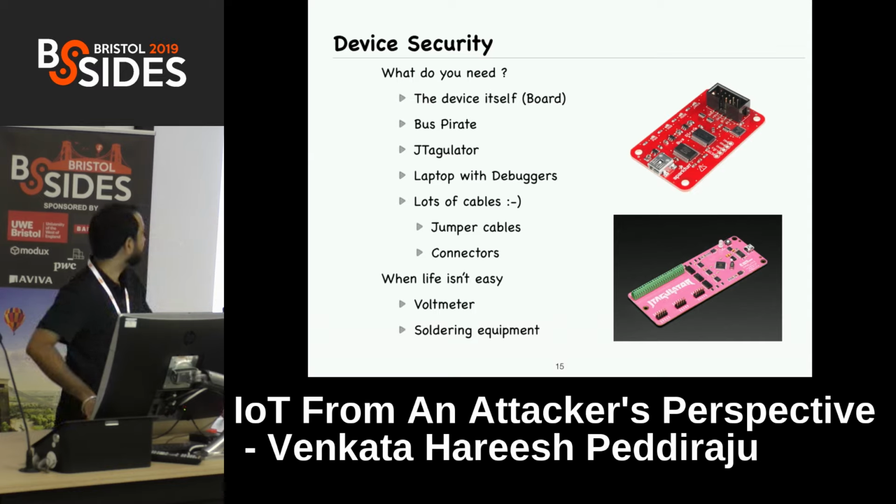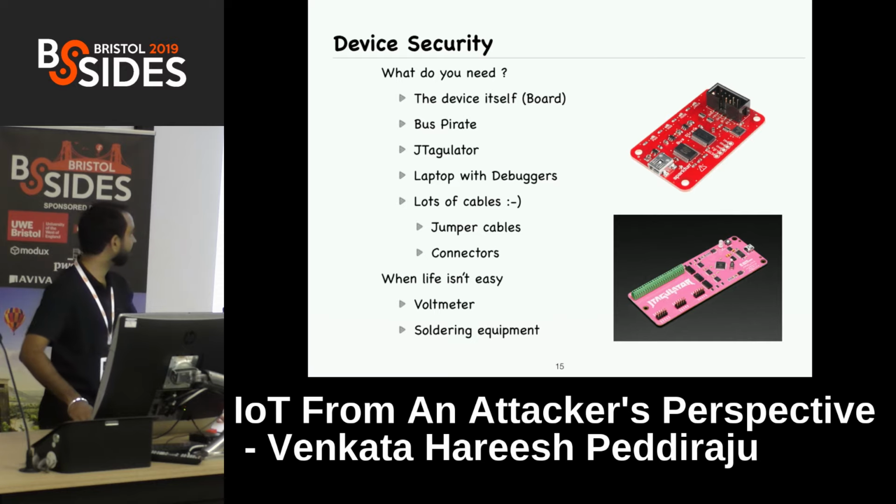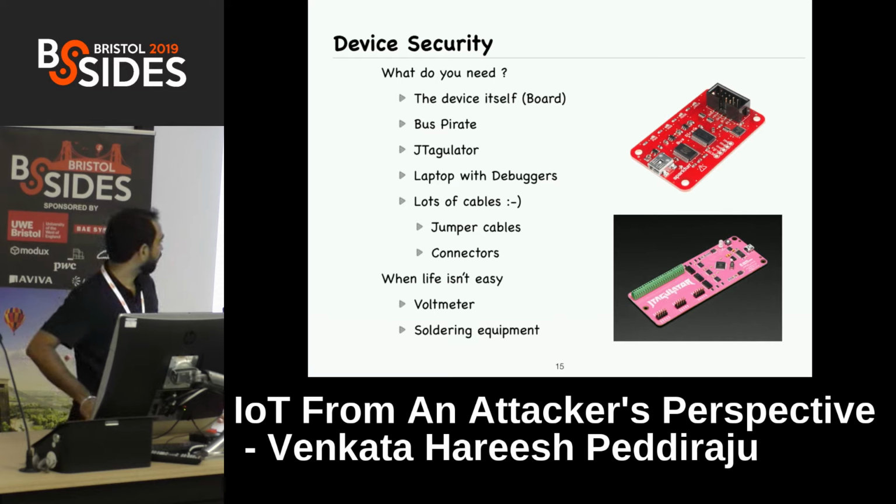You can use that to connect to the board that you would like to offload or extract the firmware from. And the pink color board is something called a JTAGulator. JTAGulator is something that one can use to connect their laptop to the device that they are testing.